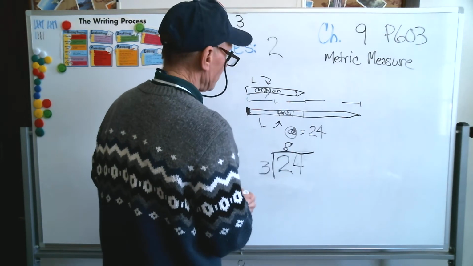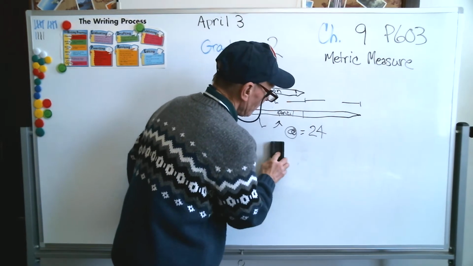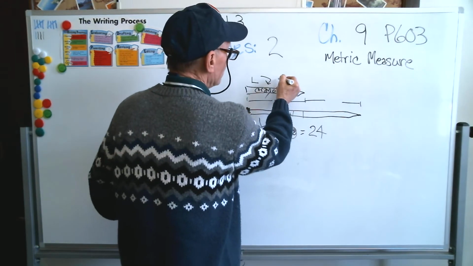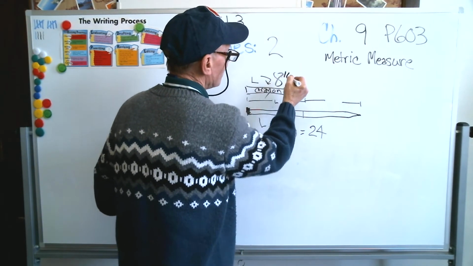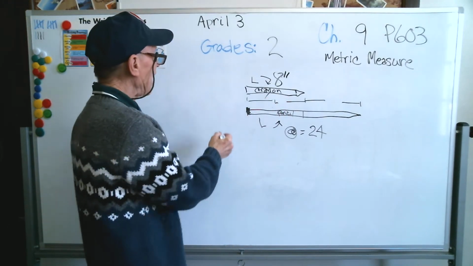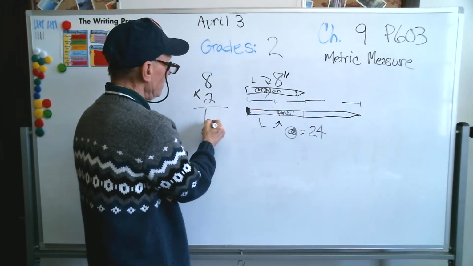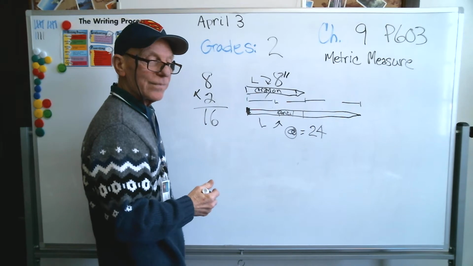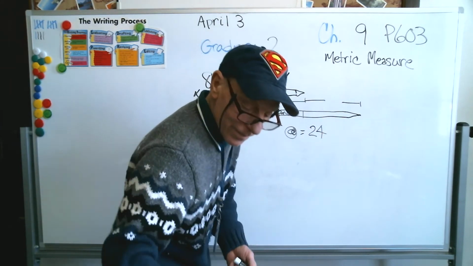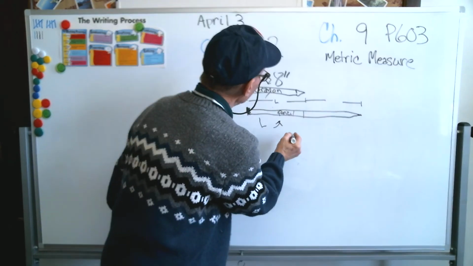So, if I was to say that the crayon is 8 inches, because that's the answer we got in that division problem, and the pencil is twice as long as the crayon, so you've got 8 times 2 equals 16, right? So that means that the pencil is 16 inches.